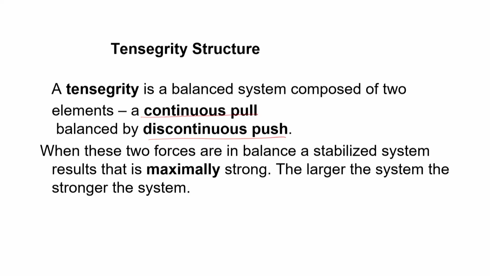So it becomes a tensegrity structure. It has been shown that given a constraint in terms of material, a tensegrity structure can give you a maximally strong system if you design this continuous pull with discontinuous pushes.